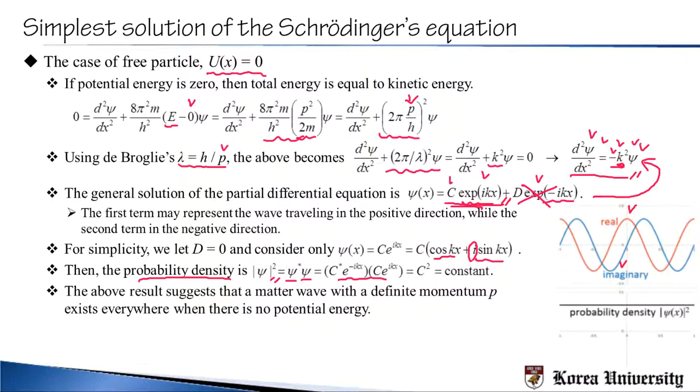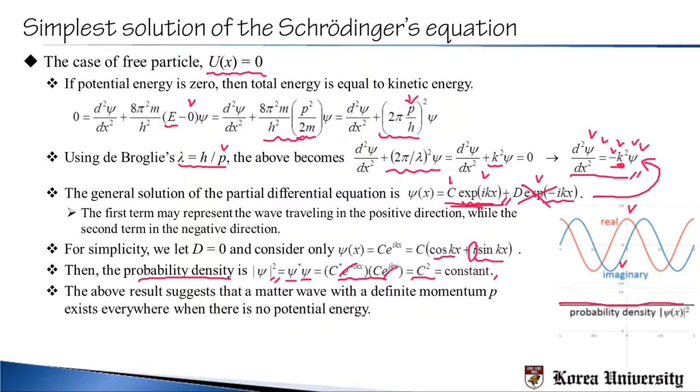If C is a real number, then you see that this exponential complex term drops, and what you get is simply C squared, which is a constant real number. So basically what it means is that probability density does not depend on position, so therefore it is equal everywhere. Why? Because we don't have any potential energy. Because there is no potential energy, the electron can be anywhere with equal probability. So therefore it makes sense.